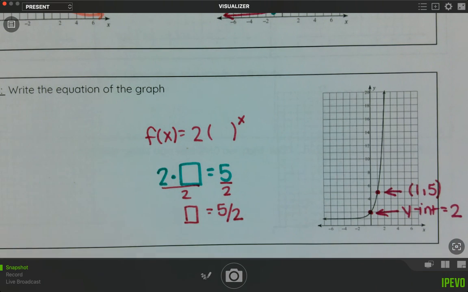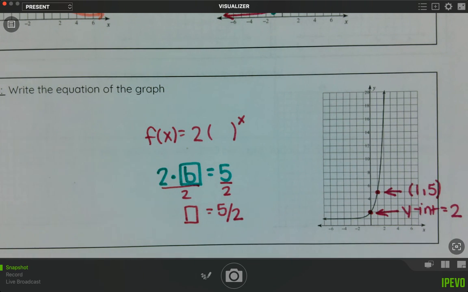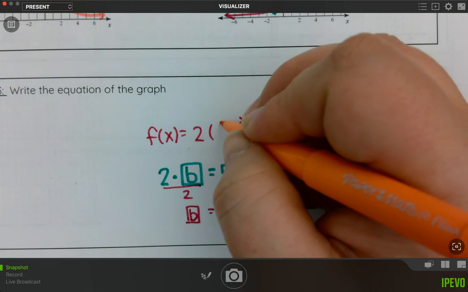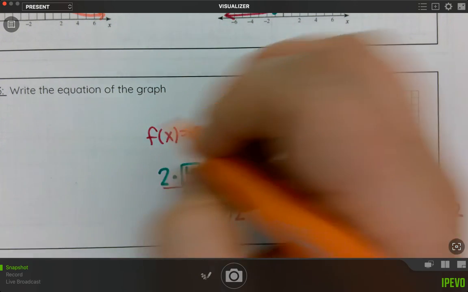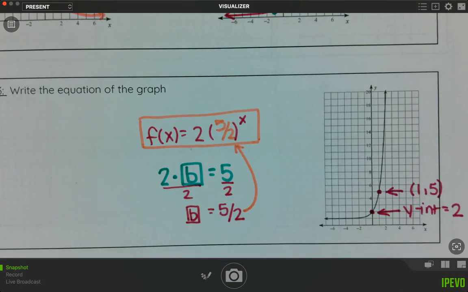Or you can always just put a b in there, because b is the letter we use for the multiplier. So then b equals 5/2. I just know that some people have an easier time if we don't throw extra letters in there. And that's your equation. The ones on the assignment will be a little bit easier than that.